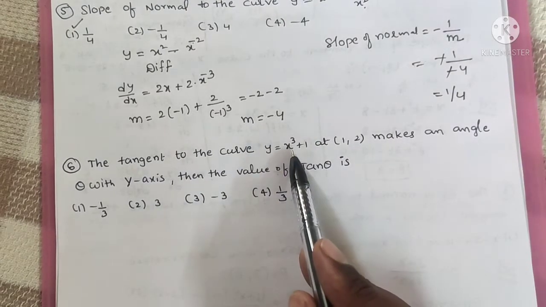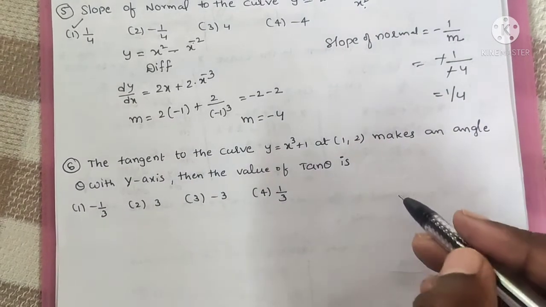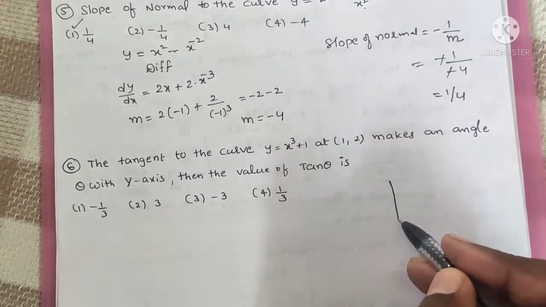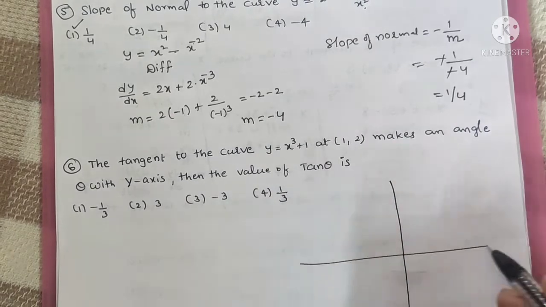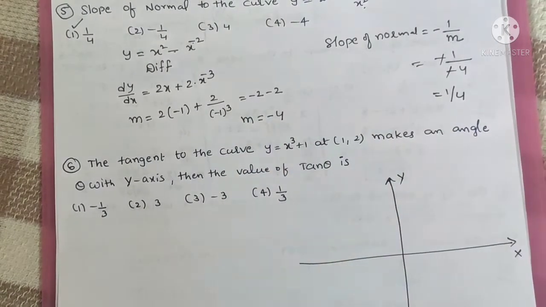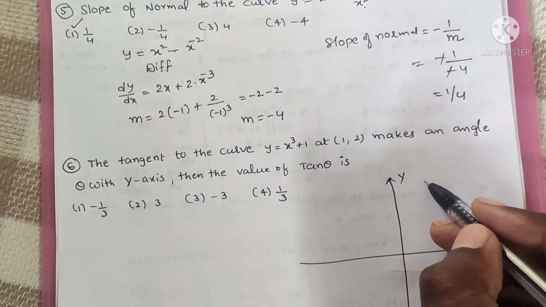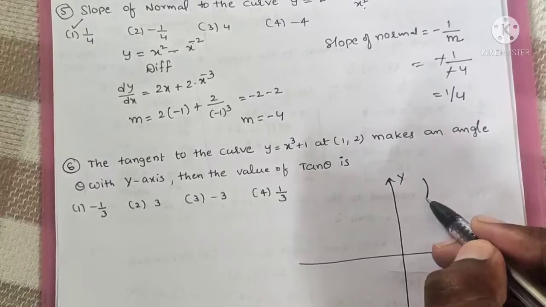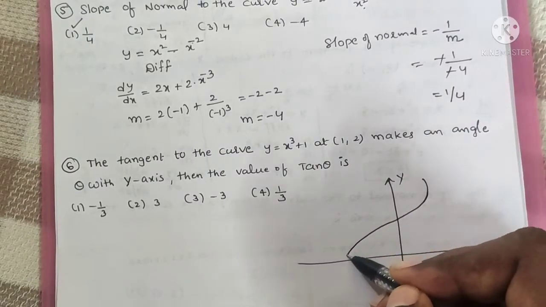See here, what is the curve? X cube plus 1. See, we will draw a rough diagram for this question. This is the x axis, this is the y axis. The given curve is x cube plus 1. The graph of x cube plus 1 will come like this.